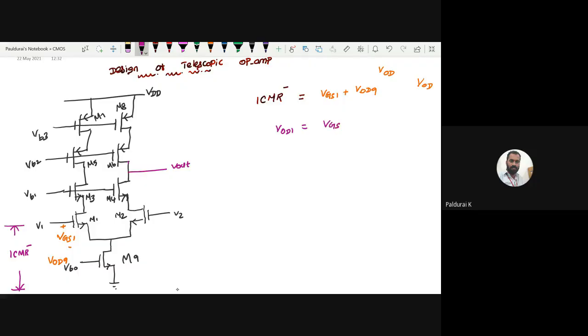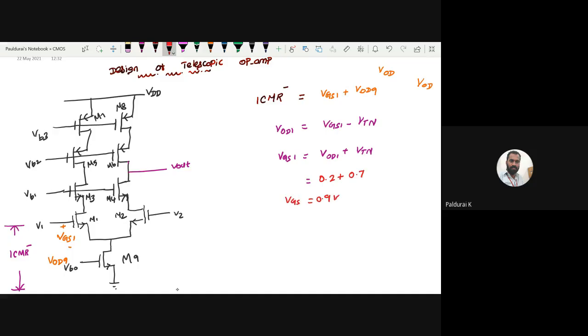It is VGS1 minus the threshold voltage of the first NMOS transistor. So VGS1 is the overdrive voltage plus the threshold voltage. What overdrive voltage did we assign to the first transistor yesterday? 0.2 volt. VTN is given as 0.7, so it is 0.9 volt.